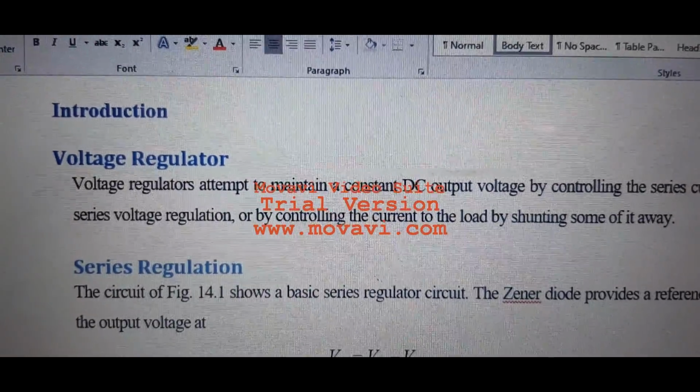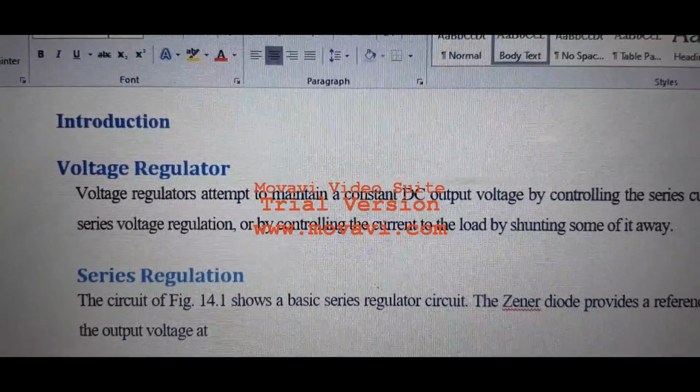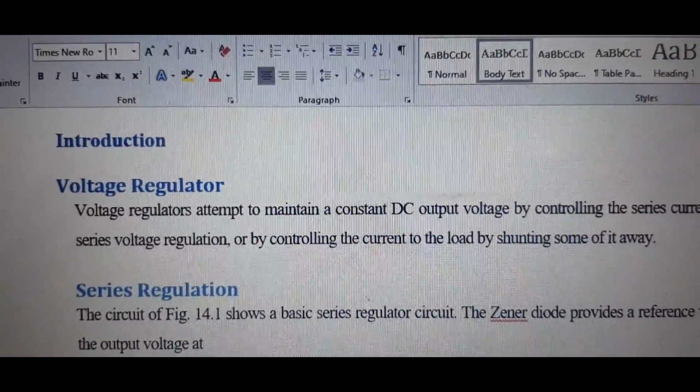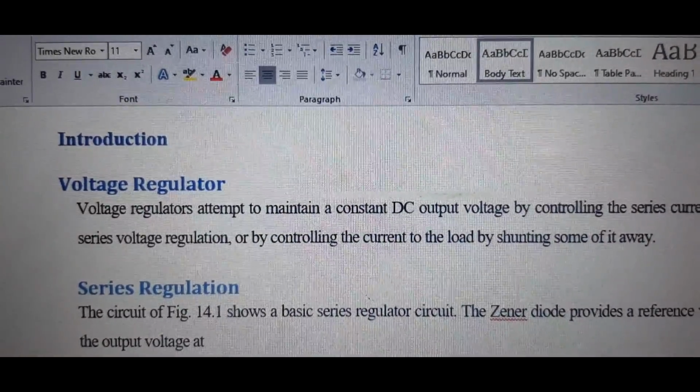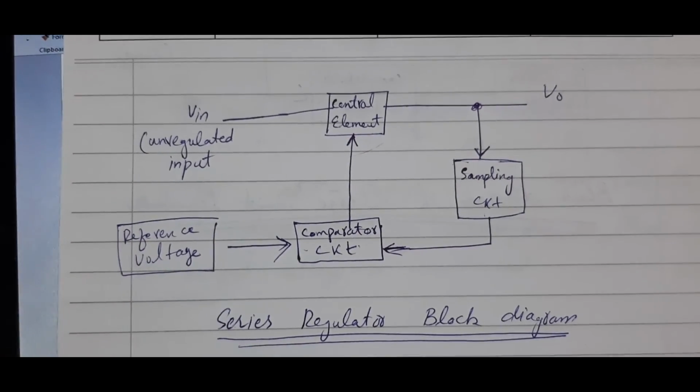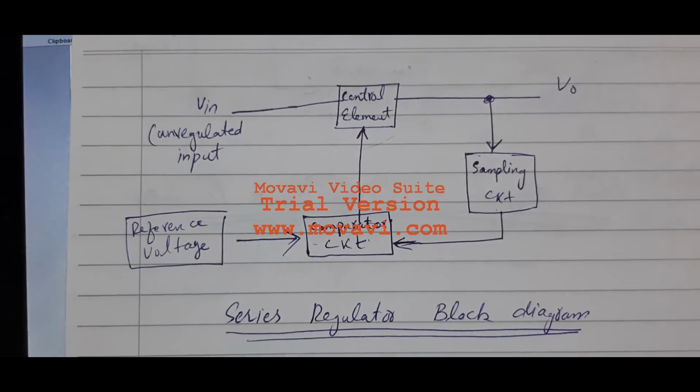Now we will first discuss the series voltage regulators. The series voltage regulator circuit diagram is shown in the figure below. The general circuit diagram of the series voltage regulator is shown on the paper sheet.